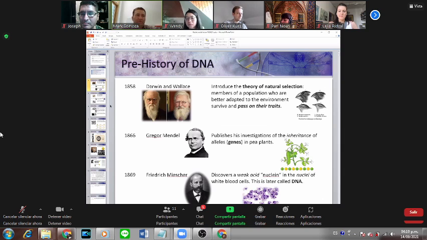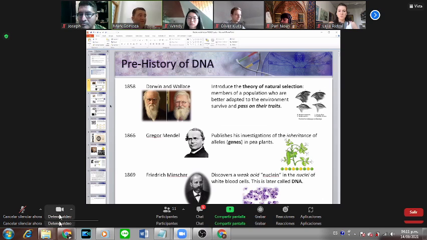So they were forming an idea as to how this information got mixed in sexually reproducing organisms. You pass on some information from one parent and some information from another parent, and this information gets mixed in some way. And so he started to elucidate that mixing mechanism of information from the two parents.